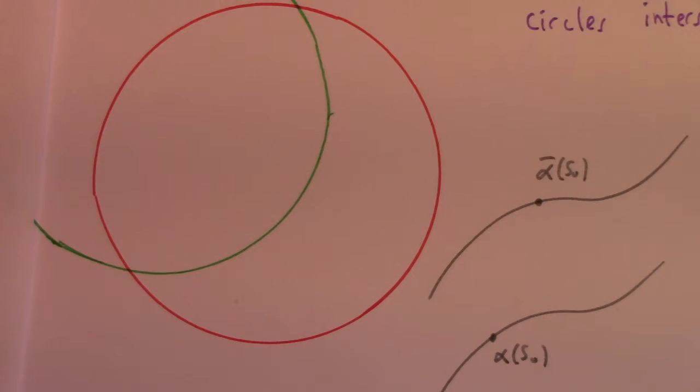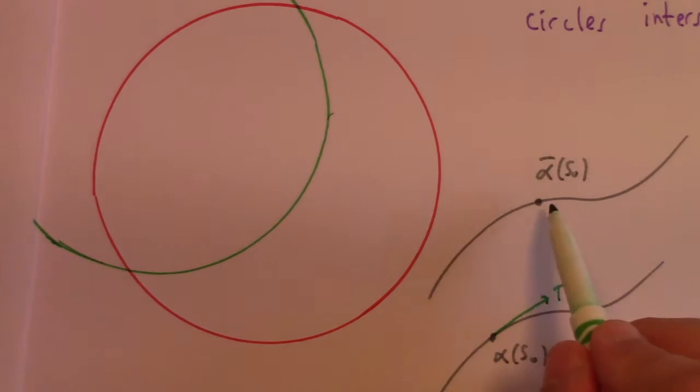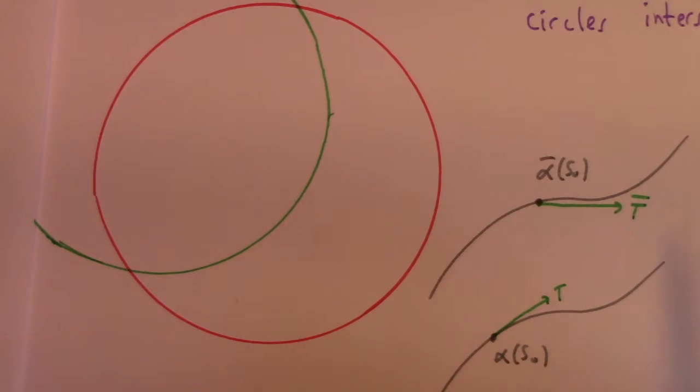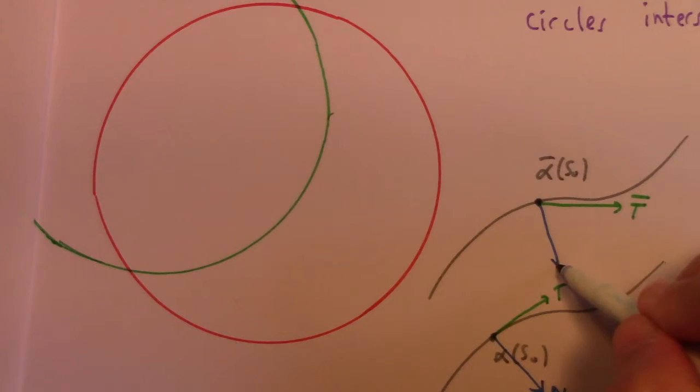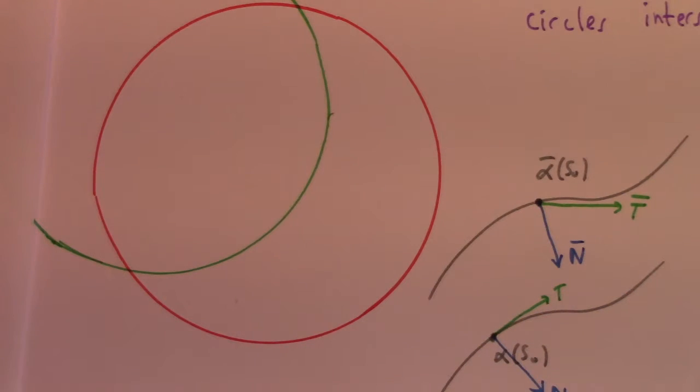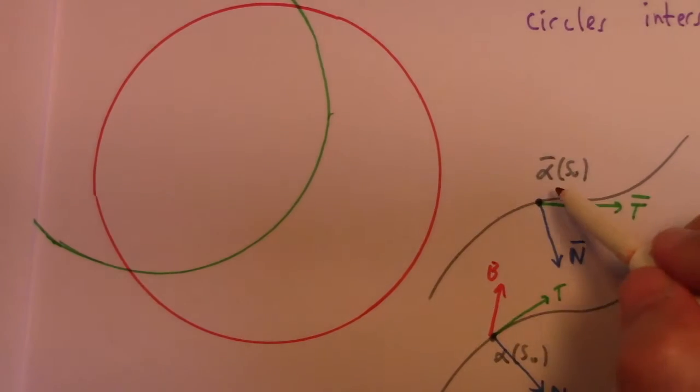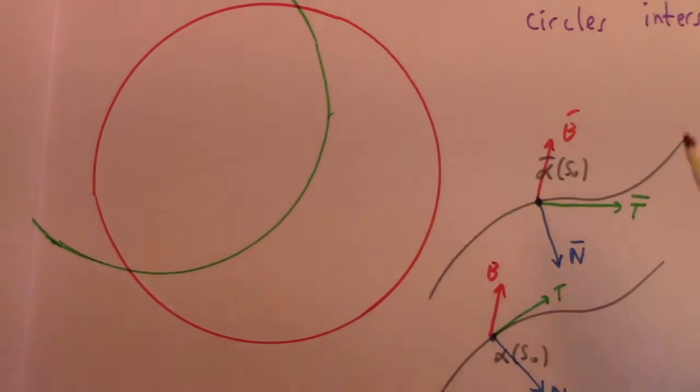We're finding the isometry which pushes T to T bar. It pushes N to N bar, and of course B, these are supposed to be equal length, to B bar, right? There is some isometry which takes you from there to there, right?